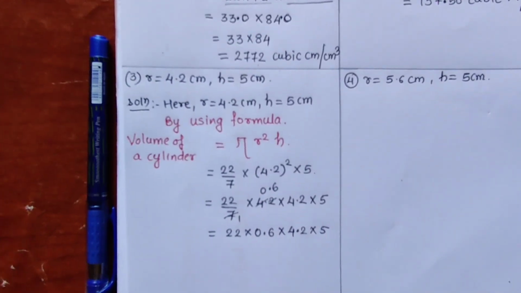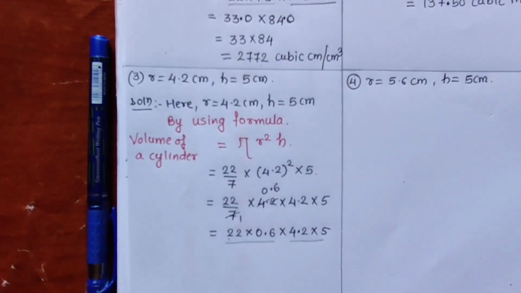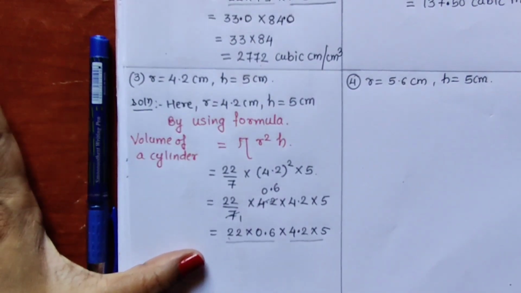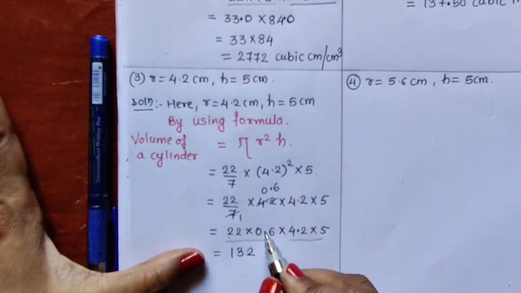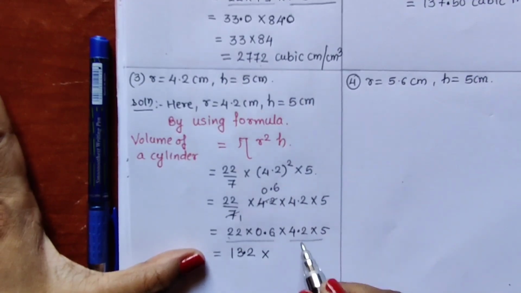Now we will multiply two numbers. So 22 into 0.6 we multiply first and 4.2 into 5 we will multiply afterwards. So first multiply 6 into 22. 22 6s are 132, we all know that. And after the point one digit is there, so in the answer also after the point there should be 1 digit. So we are getting 13.2 multiply by 4.2 into 5.